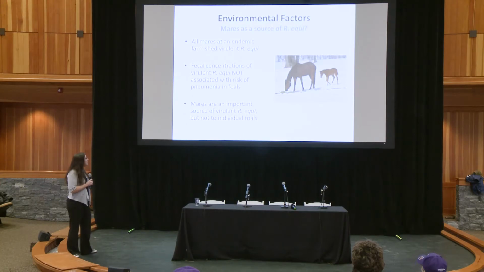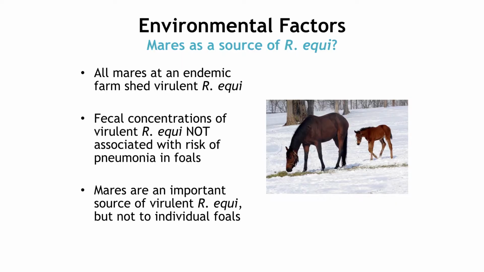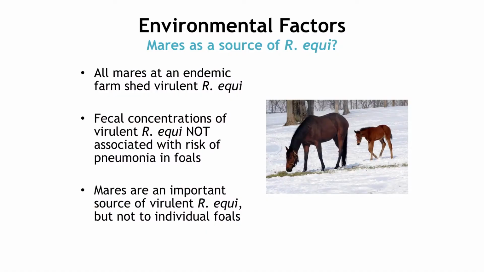So if we look at whether the mares are the source to their foals, we know that at an endemic farm that has recurrent problems with Rhodococcus, all of those mares will shed virulent Rhodococcus. The fecal concentration, so you can measure that from the mares, is not associated with risk of pneumonia in those foals. So you don't diagnose them by measuring if there's virulent Rhodococcus in their feces.